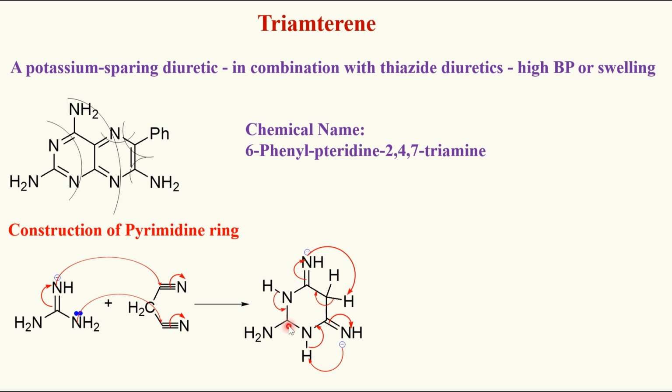To satisfy the positive center over here the nitrogen hydrogen bond breaks and these electrons move onto this adjacent carbon, and overall the aromatization has occurred, and this occurs for stabilization of the ring system.